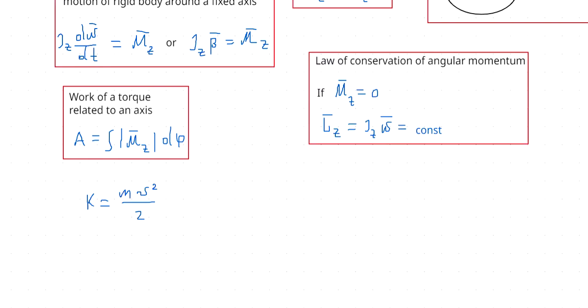In the case of rotation around the fixed axis, we have to consider a material system or a rigid body as a sum of material points with different velocities.